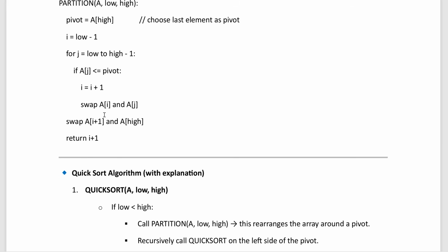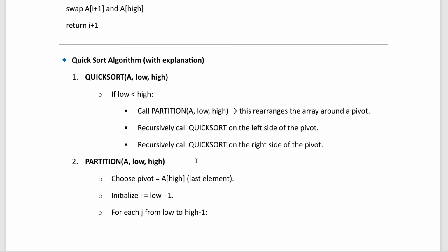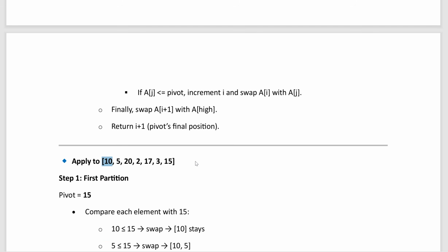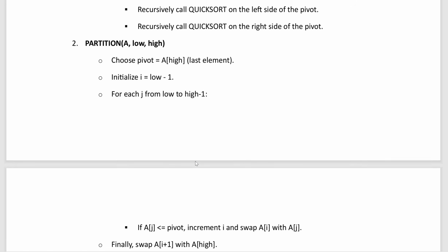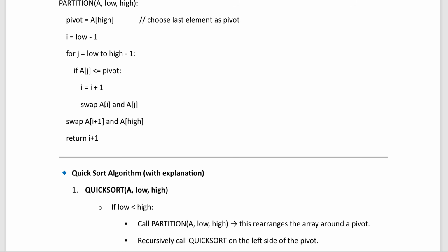So this algorithm says to swap A[i] with A[j]. What is i? low minus 1. We have to swap A[i] and A[j].